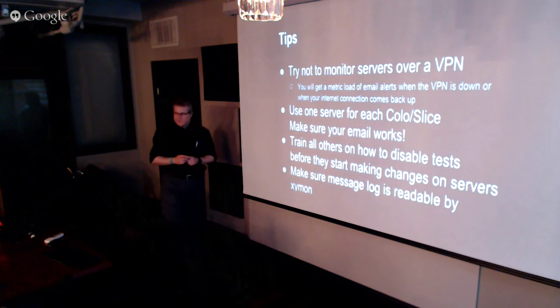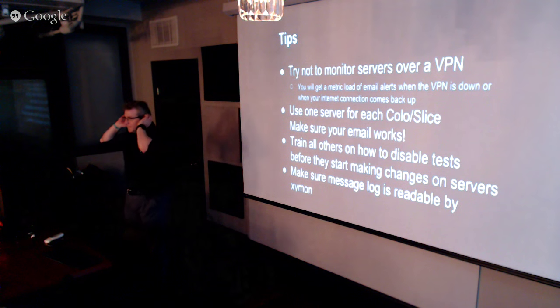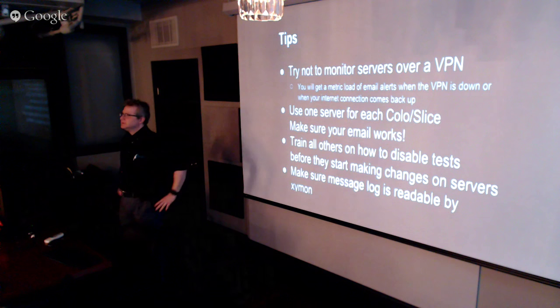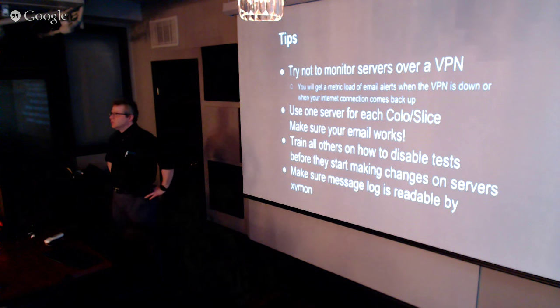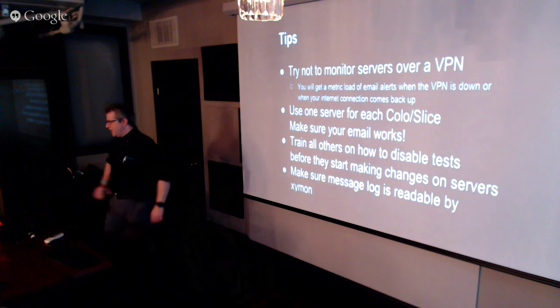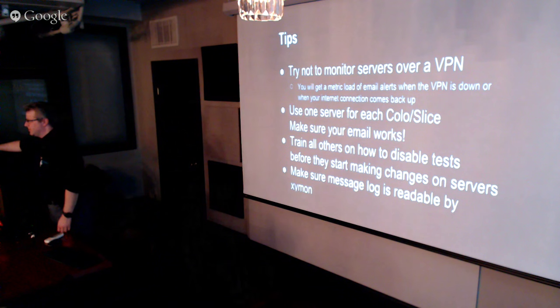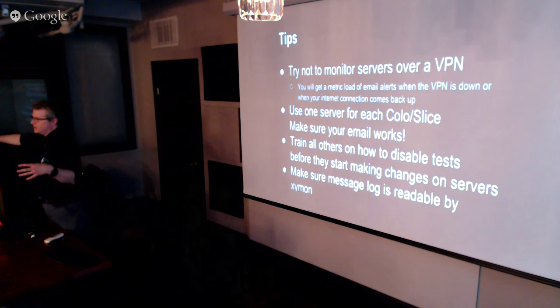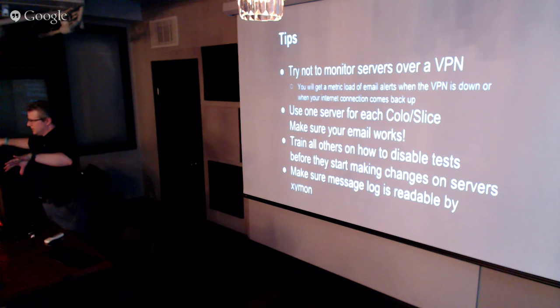Is there not the option of dependencies where you can say if the VPN is down, don't email me about all the stuff on the other end? Is there dependencies? The dial-up stuff works, but in that situation, it's kind of like I know the servers are up. I don't need this guy to tell me that they're down, which I figured the best way was to split them.